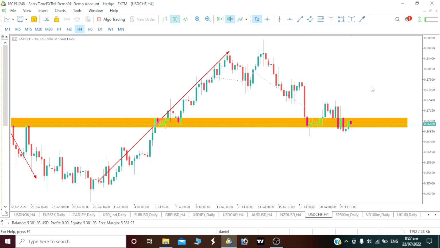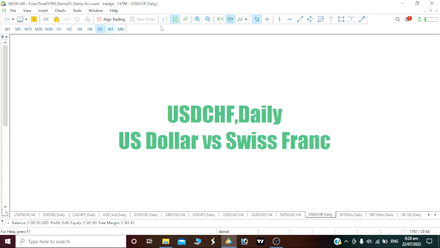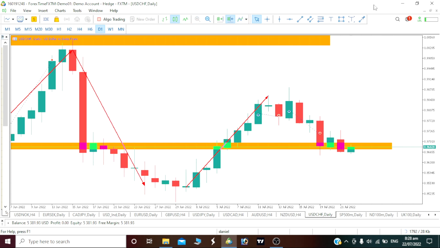Lastly, our USD Swiss franc. As you can see on our DXY, our USD would be falling. So once our USD starts falling, I believe we would see that effect here on our USD Swiss franc. We can take it as an impulse move, a retracement back up, and an impulse move here, testing this key level.